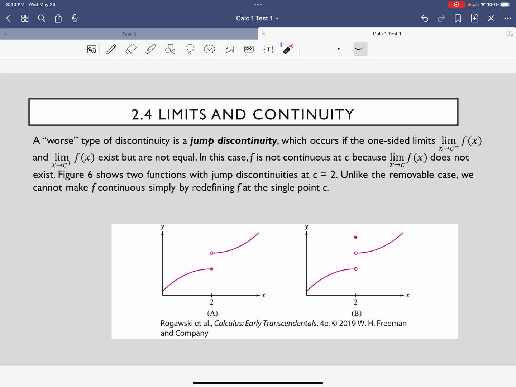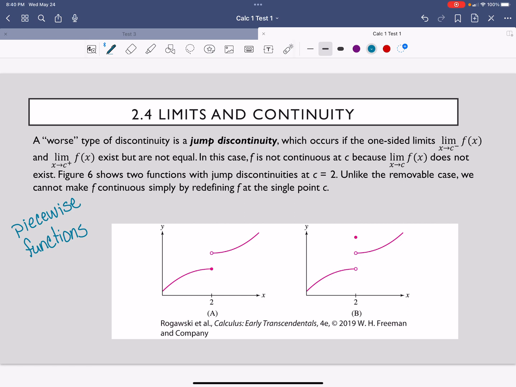So the limit of this would not exist, because our right-handed limit and our left-handed limit do not agree. This is what we call a jump discontinuity. These are piecewise functions, and I know that you have graphed piecewise functions in the past, and we're going to be looking at some piecewise functions for the rest of today's lesson as well.